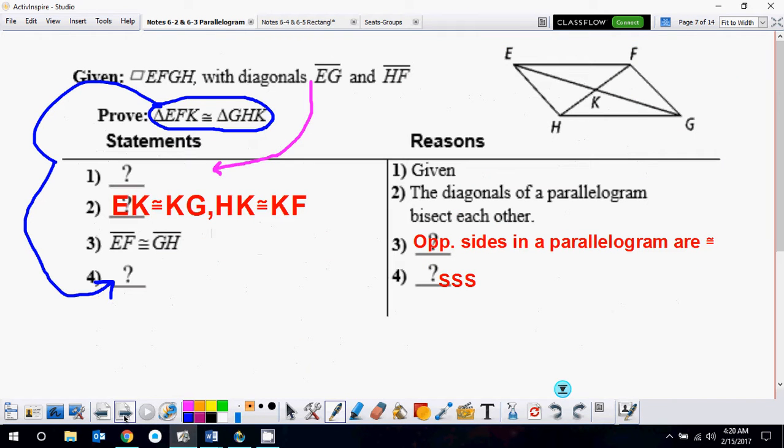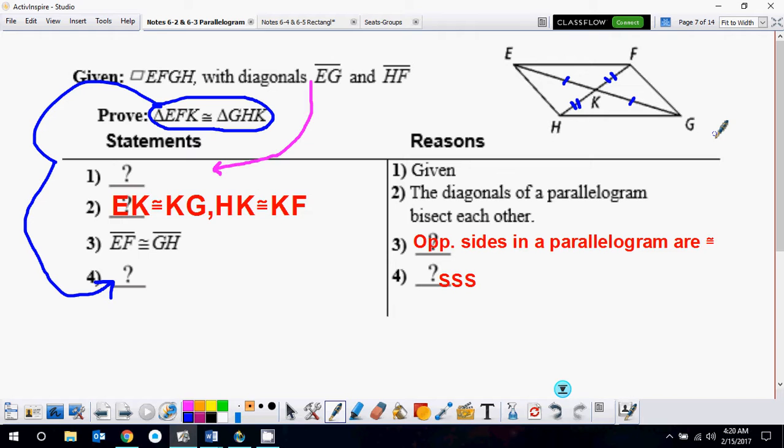The next proof. So remember, you can always fill in what you're trying to prove and what you're given. So this one, I've got EK is congruent to KG, and that's because these are diagonals that bisect each other, so that means KF and HK are also going to be congruent.